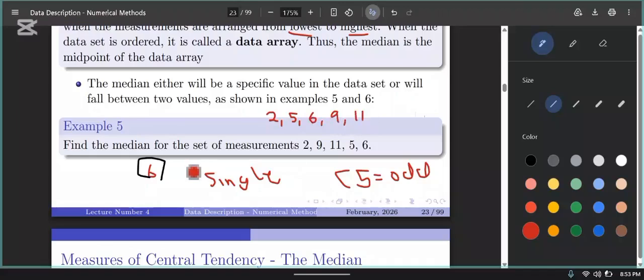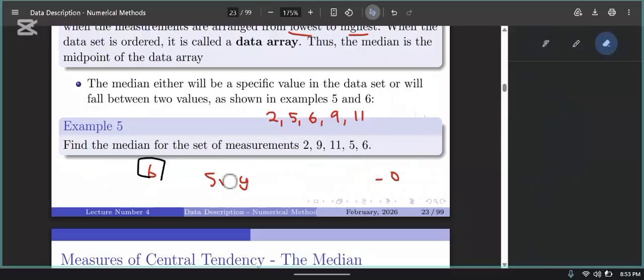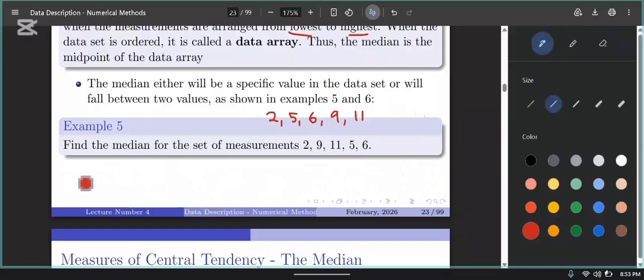Once you do that, you can use the formula that the SAR gave, which is 0.5 times n plus 1. This tells you the position where the median is.